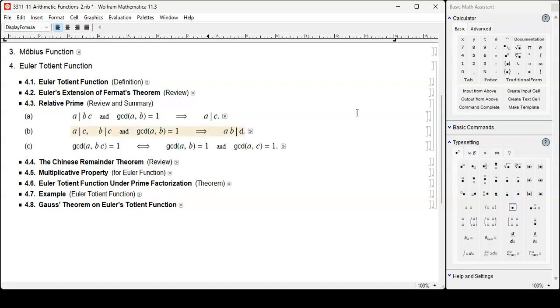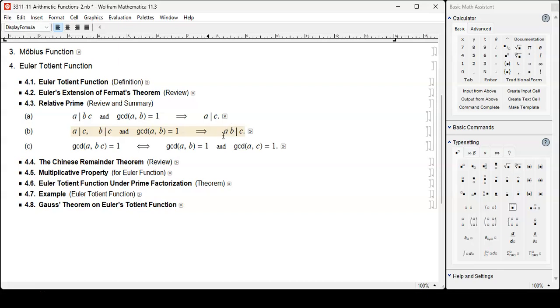How about the next one here? A divides C, B divides C, and A and B are relatively prime. Then the product A times B divides C. That too can be considered using the prime factorization, because A and B do not share any prime factors.